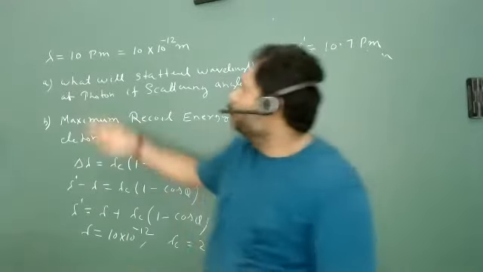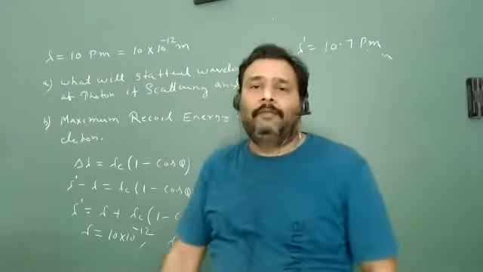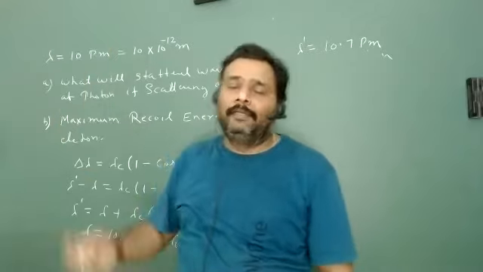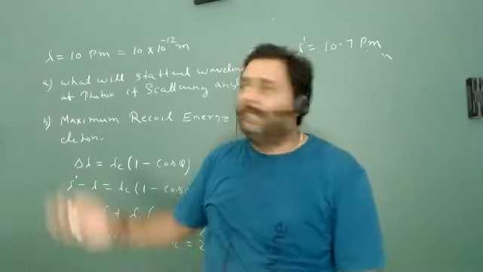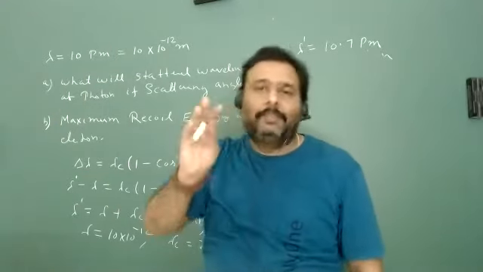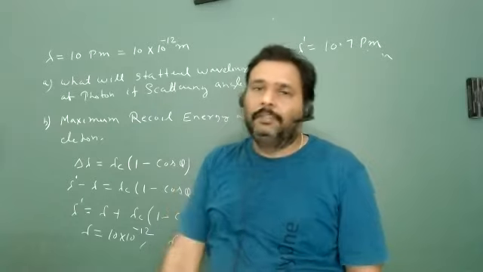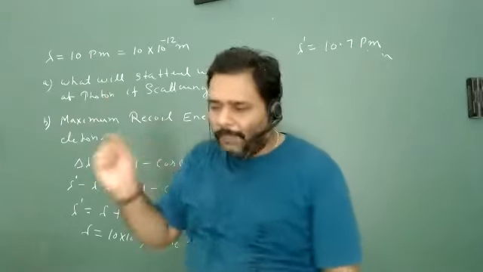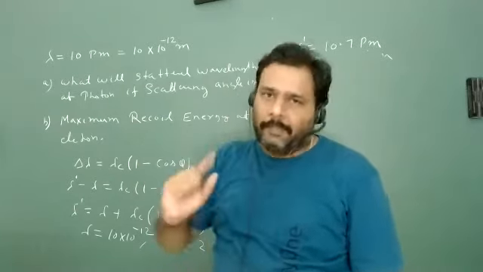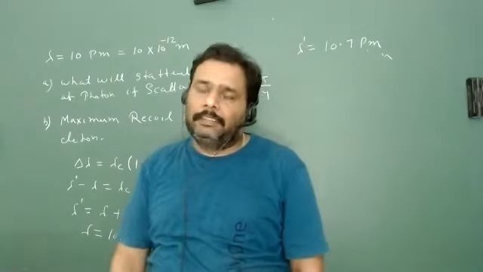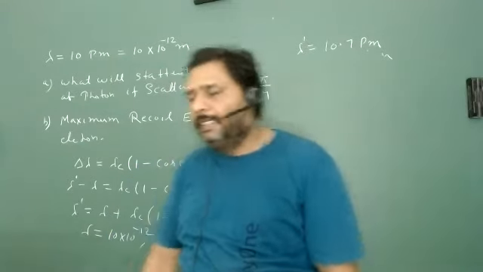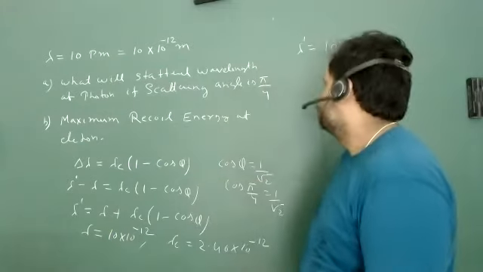It is not that you send 10 to the power minus 12 and the scattered wavelength comes to 10 to some very different power. The power should be approximately the same. So keep in mind that these two are very comparable, but the scattered wavelength is more than this.